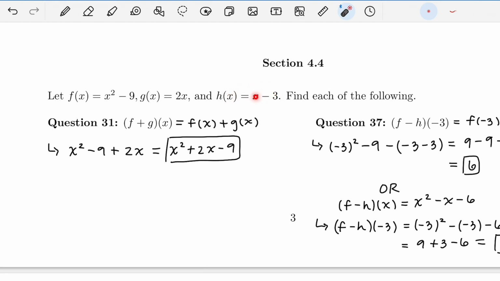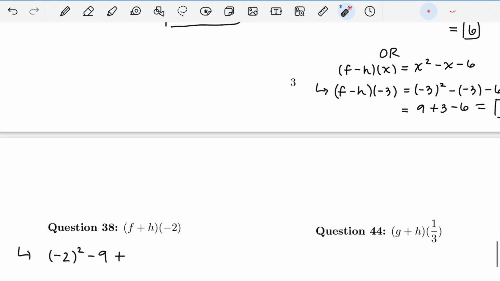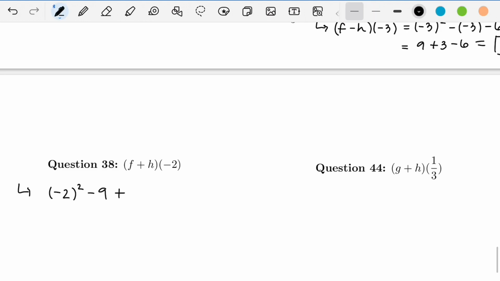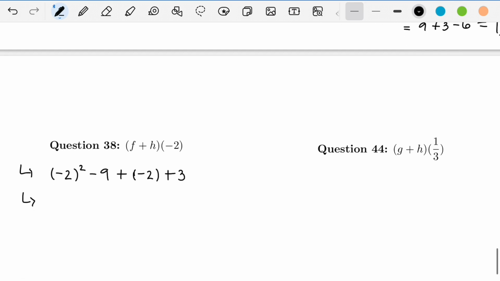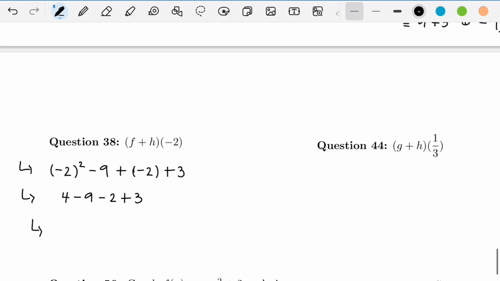This is h of x, so we're just going to plug negative 2 into this here, so negative 2 in for x, and then plus 3. Now simplifying this, we're going to get 4 minus 9 minus 2 plus 3, and so in the end, we're going to get negative 10 for this one. So this is equal to negative 10.